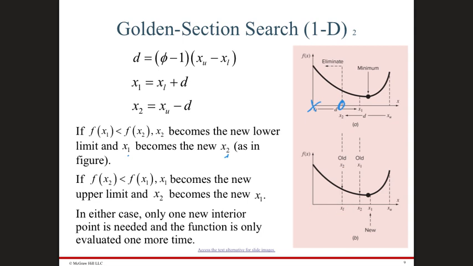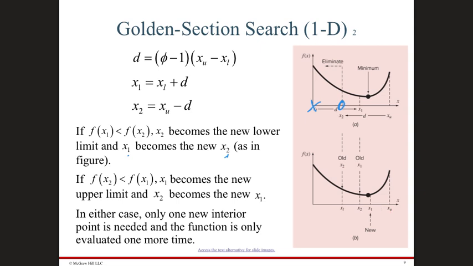And then this point, X1, becomes your X2, right? Remember that we have X1 and X2, and then you calculate a new X1 from this equation, right? But remember that the D now is going to be calculated based on the new range between X lower and X upper, okay?